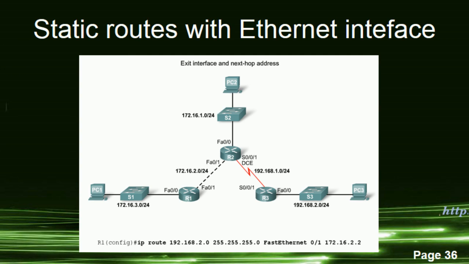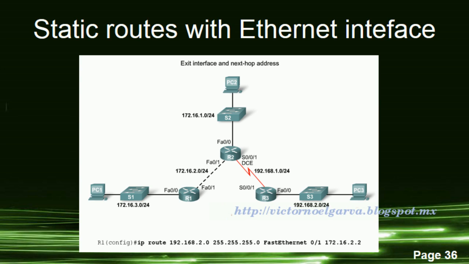However, R1 does not know the next hop IP address and therefore it cannot determine the destination MAC address for the Ethernet frame. Depending upon the topology and the configurations on other routers, this static route may or may not work. We will not go into the details here, but it is recommended that when the exit interface is an Ethernet network, you do not use only the exit interface in the static route.